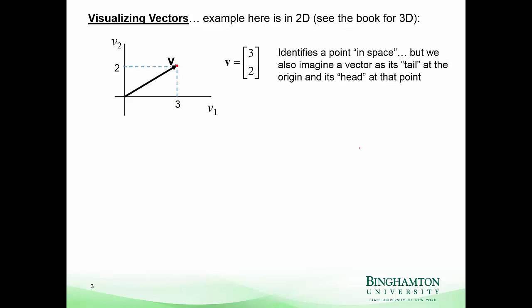Now, when we start talking about adding vectors together, we'll have to start thinking about, at least for the purpose of adding them, moving the vector from having its tail at the origin. But in general, we always think of a vector as having its tail at the origin and its tip at the point on the plane that it's representing.